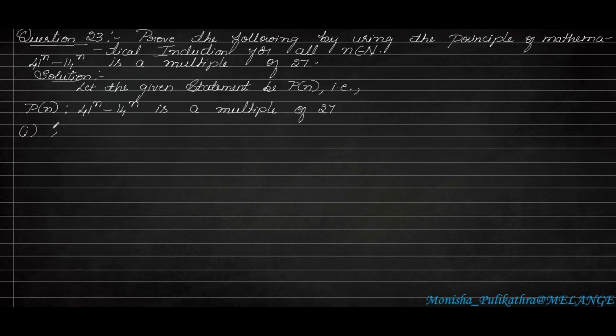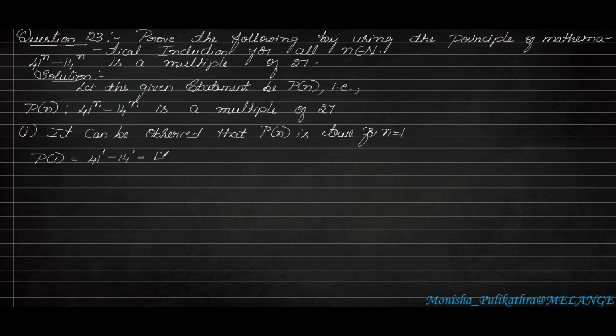And the first step is, it can be observed that p of n is true for n is equal to 1. So p of 1: 41 to the power of 1 minus 14 to the power of 1.